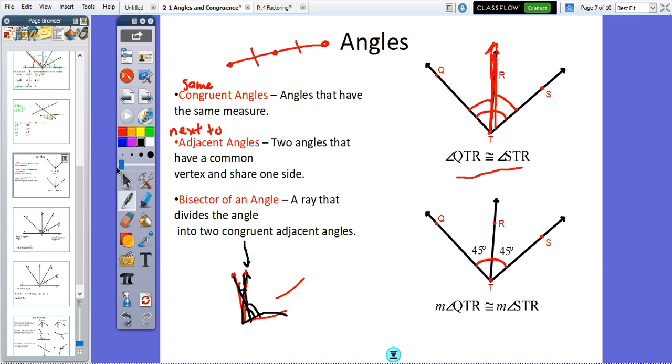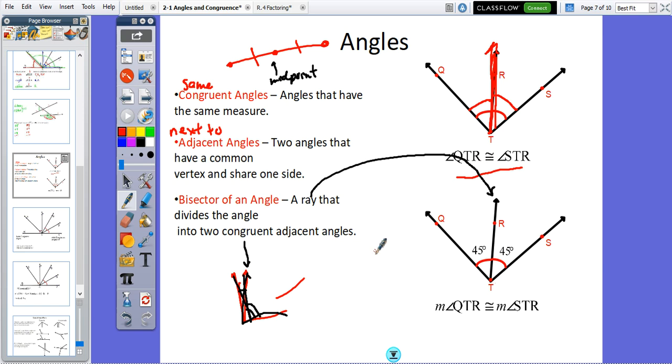Now, bisector of an angle. Previously when we talked about this, we talked about the segments, and the midpoint right here, our midpoint, is considered a bisector because it split the segment in half. Well, for angles, the bisector is a ray. So in this case, the ray is the one in the middle because it does happen to cut this in half.